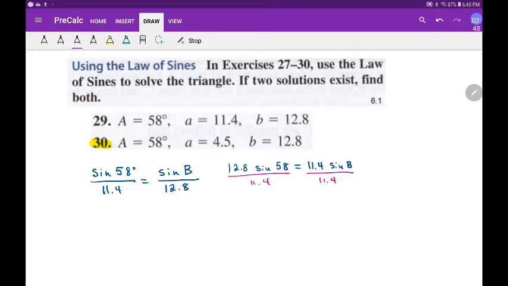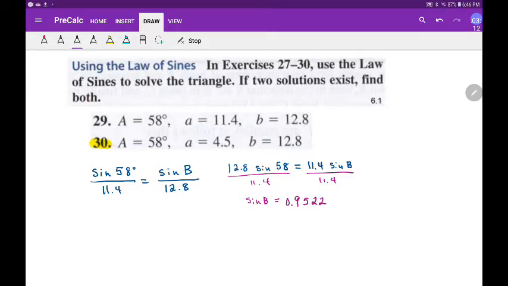I get 12.8 times the sine of 58, which is about 8.4. Oh wait, that is the sine of 58. I have to multiply by 12.8, and then divide by 11.4. And so I get the sine of B, to switch sides, is equal to 0.952.